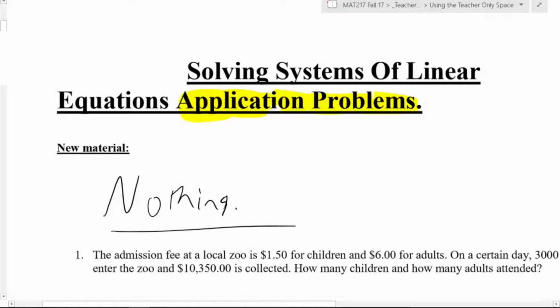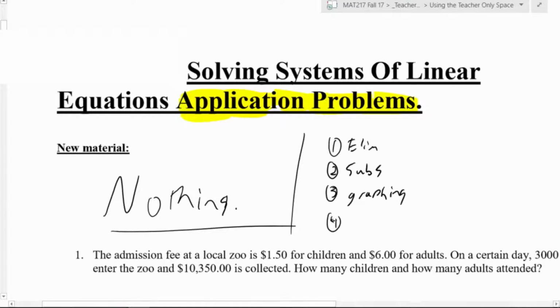You're supposed to just be putting together the methods we have for solving systems of linear equations. That's either elimination, substitution, method 3, which would be graphing, or the one that I would really hope you would practice the most, because it's new, not review, is the Gauss-Jordan.